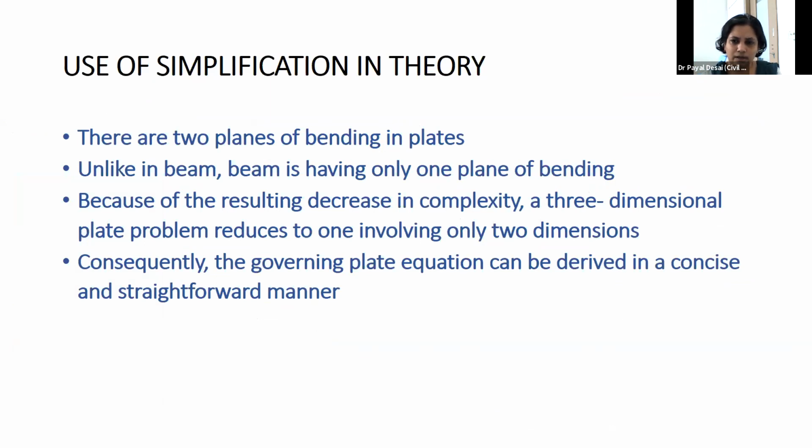Okay, so the conclusion of this discussion is that there are two planes of bending in plates, unlike in a beam, which has only one plane of bending. Because of the resulting decrease in complexity, a three-dimensional plate problem reduces to one involving two dimensions. In a beam it is one dimension, but in plates there are two dimensions.